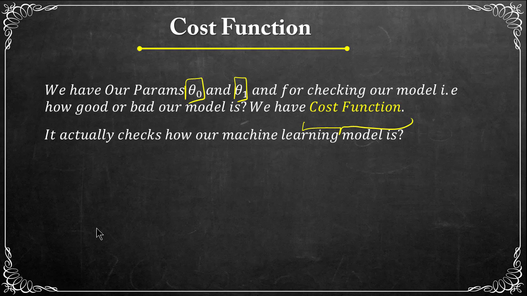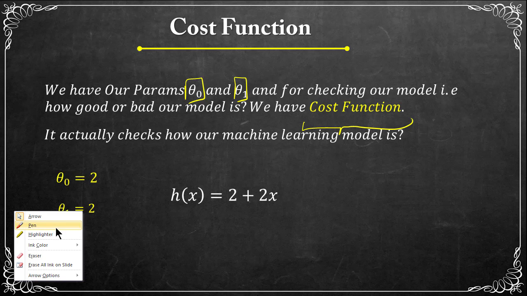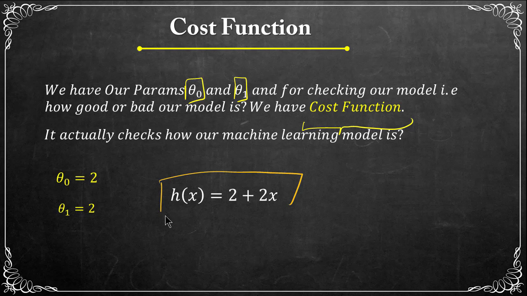Now let's take one example to get you more handy with the cost function. Let's say we have theta 0 equals 2 and theta 1 equals 2, taken from the previous video, and we map it onto the hypothesis function, and we get this. And this is our model.